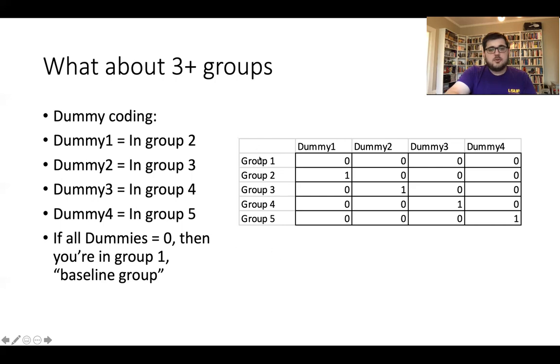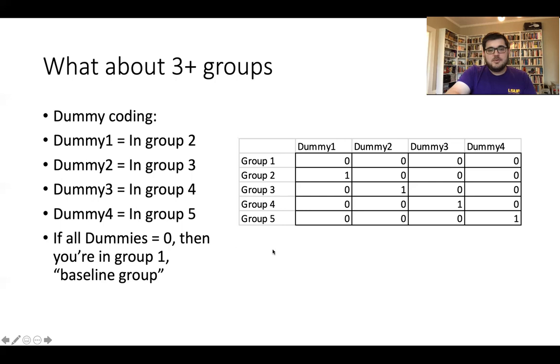So if you have 5 groups, you would need 4 dummy codes, and they'd all be set to 0 if you're in group 1. If you're in group 2, you'd put the first dummy code at 1 and all the other ones at 0, and so on. So basically, you have one dummy code saying whether someone's in group 2 or not. The second one is saying whether someone's in group 3 or not, and so on.